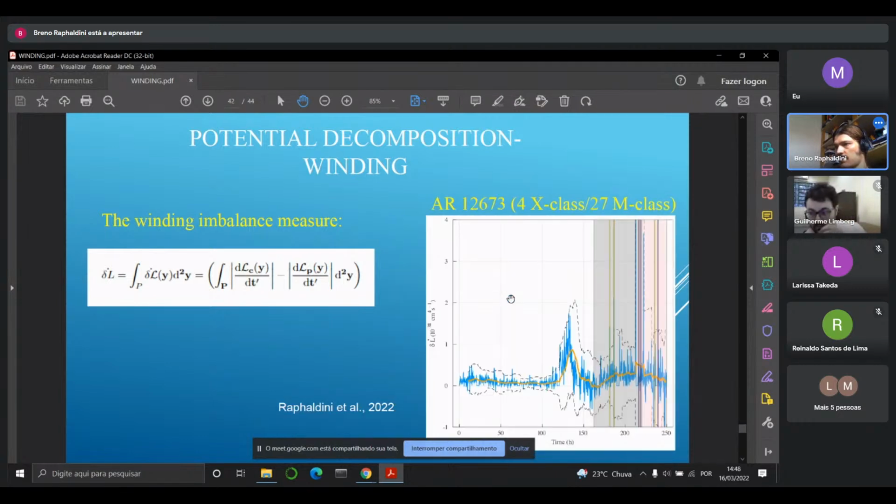And also we see here, on the other one, it takes about 100 hours between these and the two consecutive intense flares, the two X class flares here.